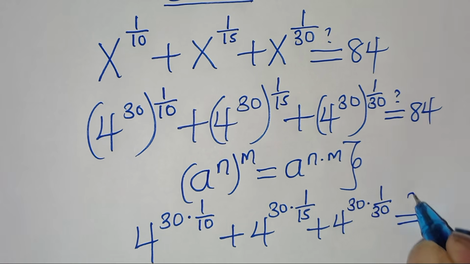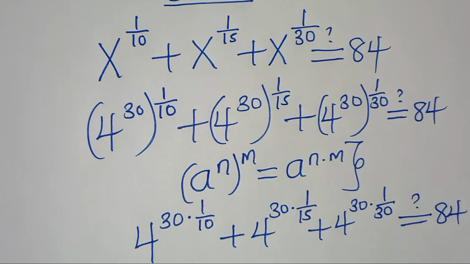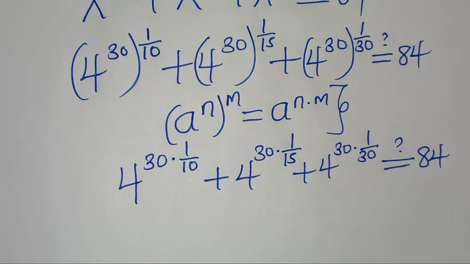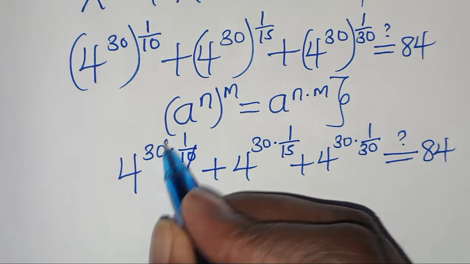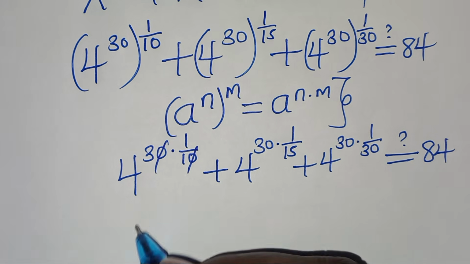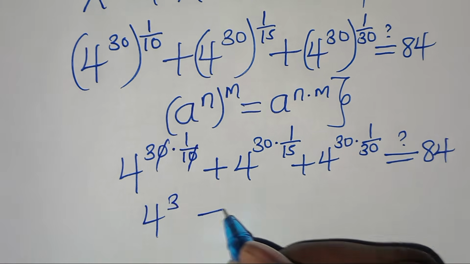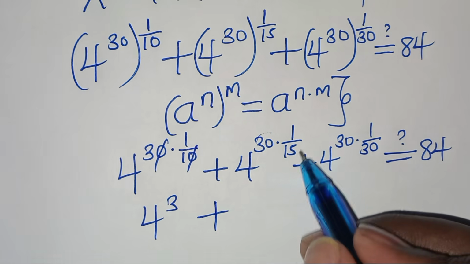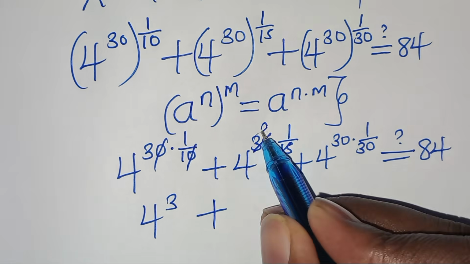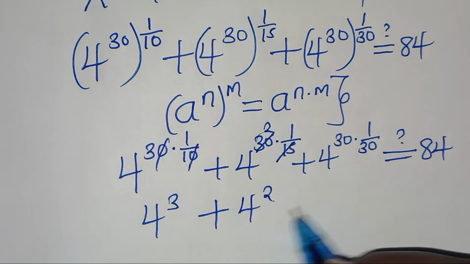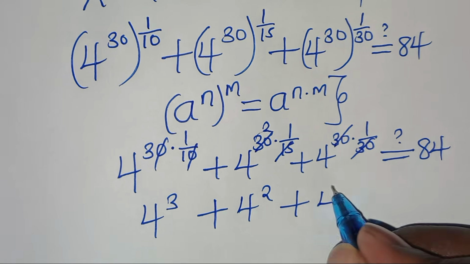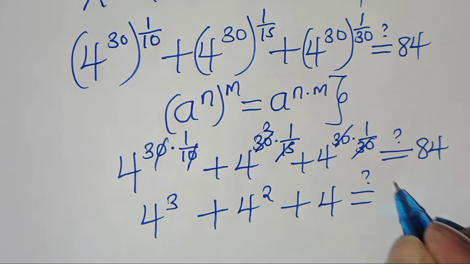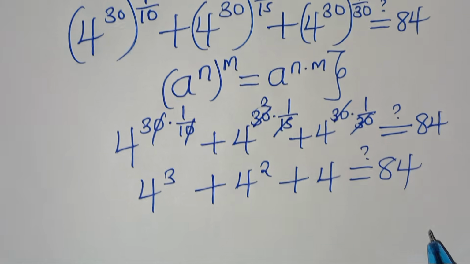This is supposed to give us a value of 84. Now the next step is to simplify here. 30 divided by 10 is 3, so this is 4 to the power of 3 plus, now 30 divided by 15, this is equal to 2. So this is 4 to the power of 2, then plus, 30 and 30 simplify, so this is plus 4. This is supposed to give us a value of 84.